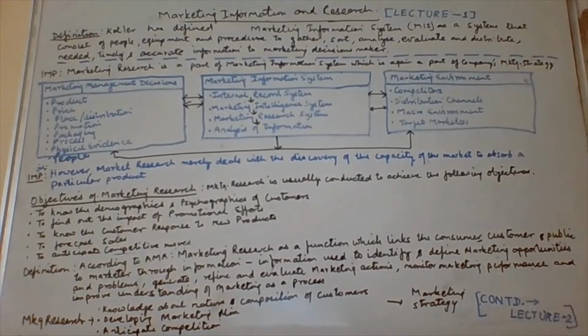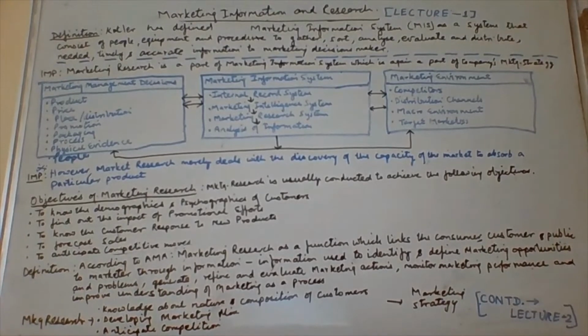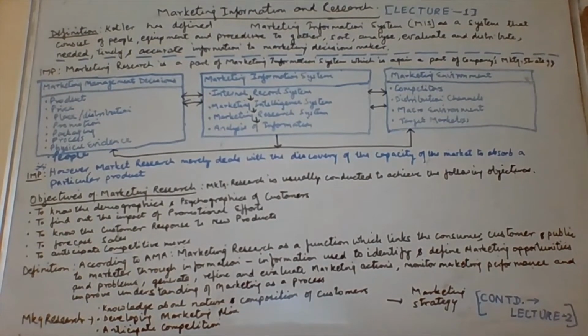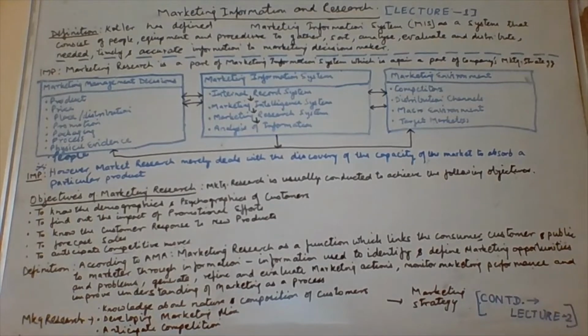Again, another objective is to know the customer response to the new product, because for a new product it becomes very evident for any organization to know about the customer response, now that the product has been launched and is being given to the consumers. Earlier, when we had not manufactured the product, we identified the needs and wants of the people, and then those needs and wants were converted into a product. That is the visualization of the organization, maybe the marketing manager.